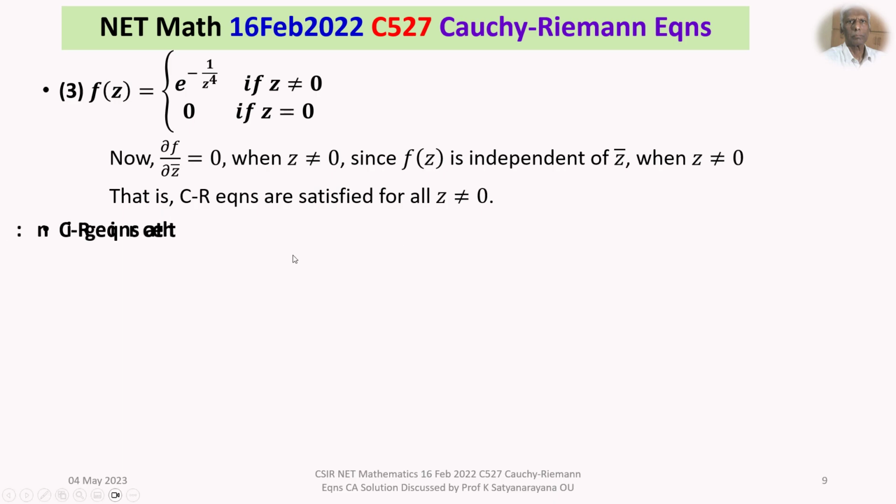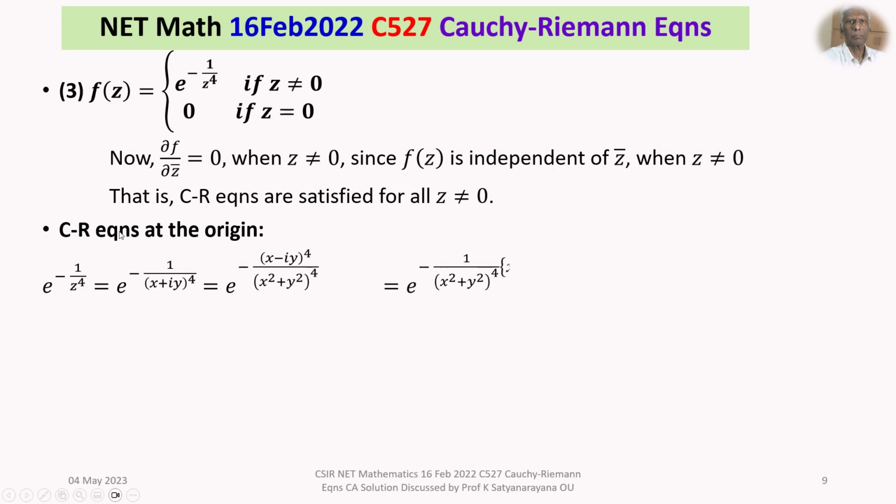So we talk about the Cauchy-Riemann equations at the origin, and it is a very tedious one, but however I will show you. So first, e^(−1/z⁴) I will expand. For z we write x + iy. So you will get e^(−1/(x+iy)⁴).